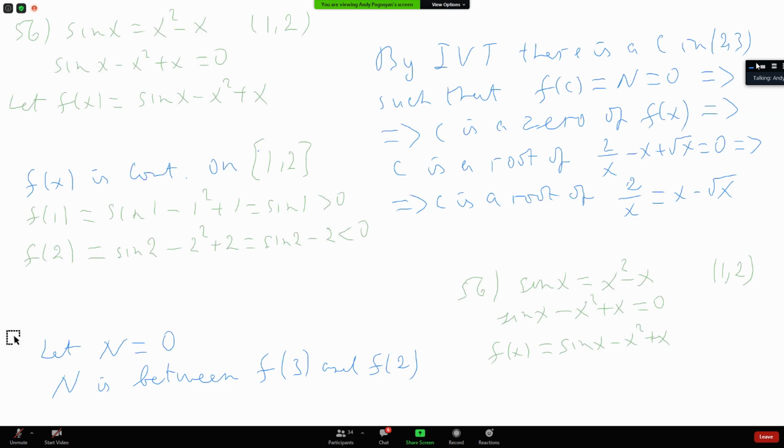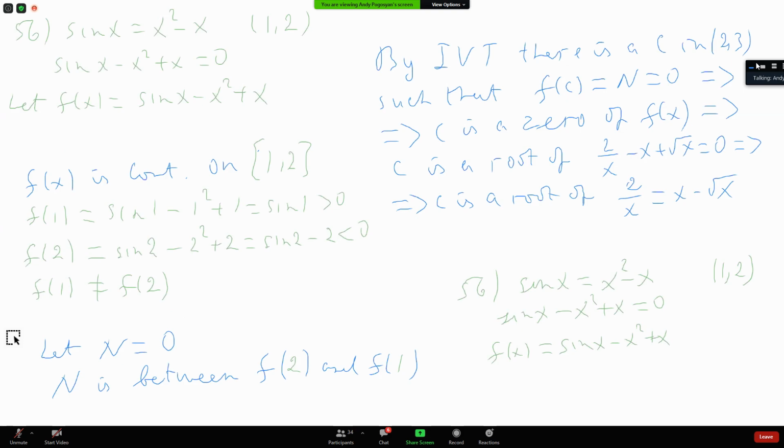So n equals 0. We have f at 1 not equal to f at 2. N equals 0. N is between f of 2 and f of 1.